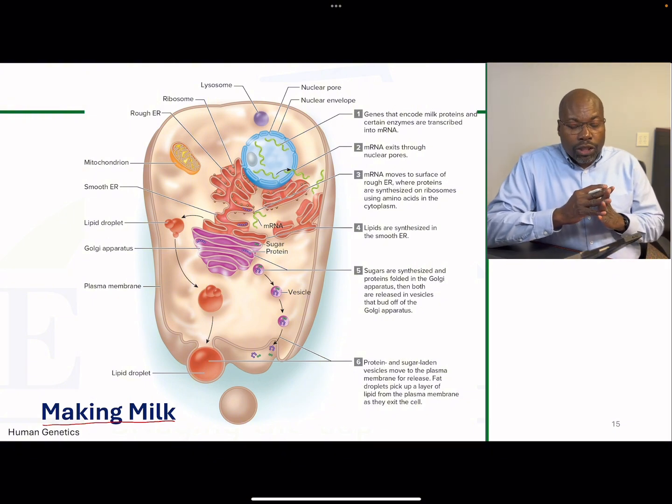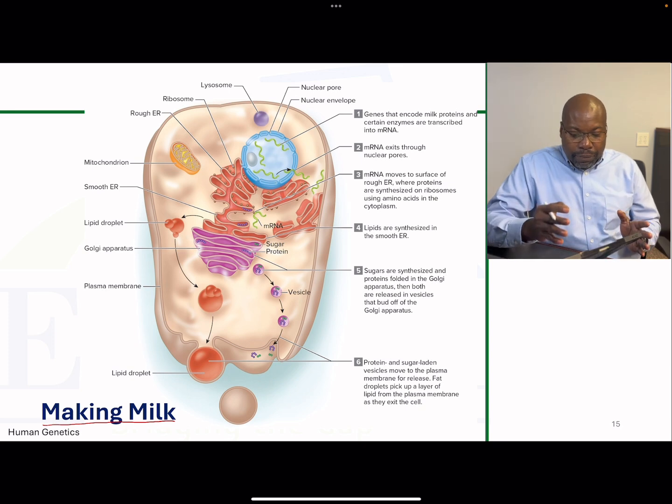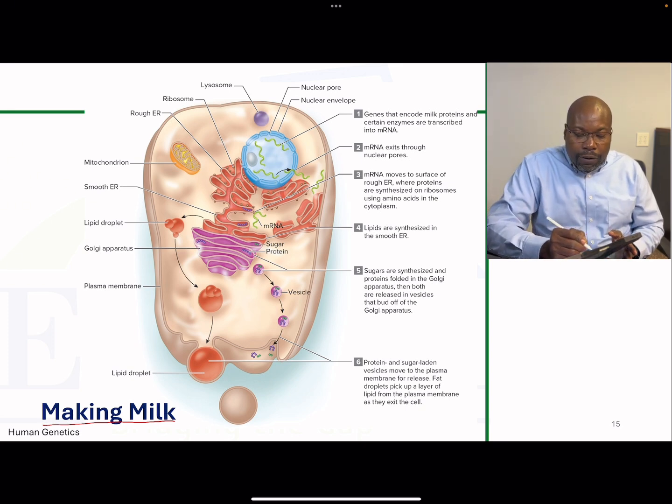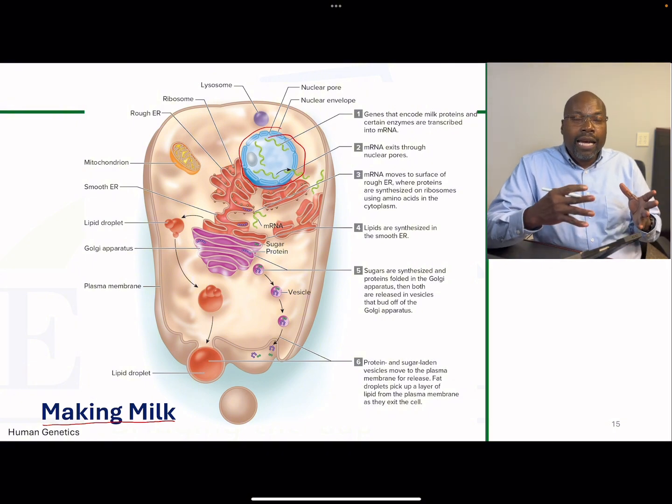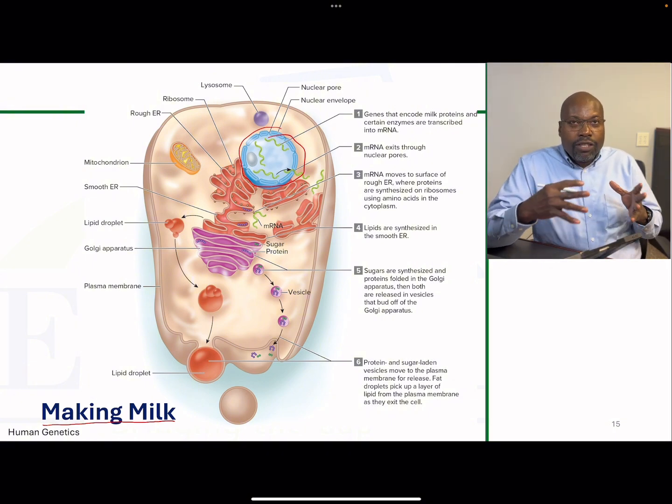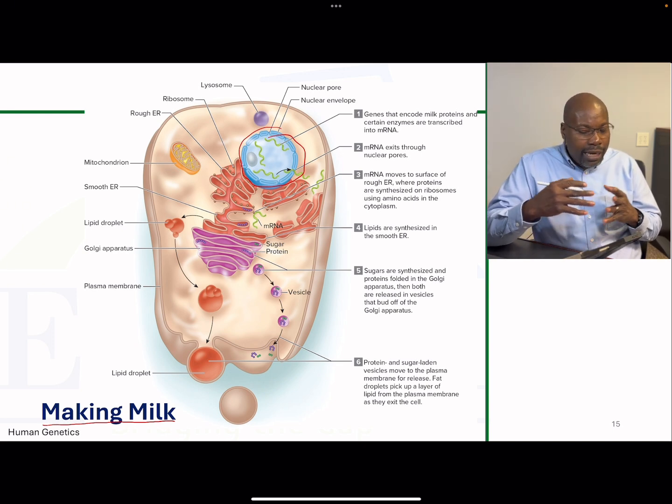Now, that production of milk is going to involve a number of components. From the nucleus, we're going to have DNA that carries genes. These genes are responsible for the many proteins that are found in the milk. You're also going to have lipids in the milk.